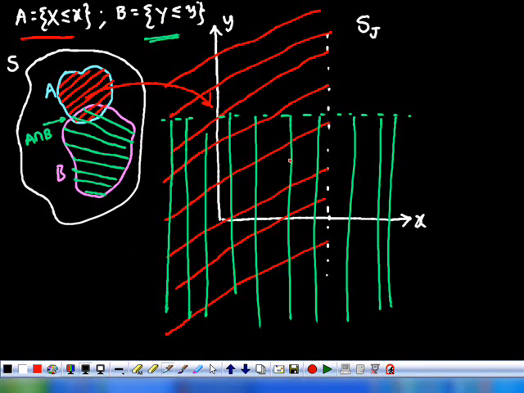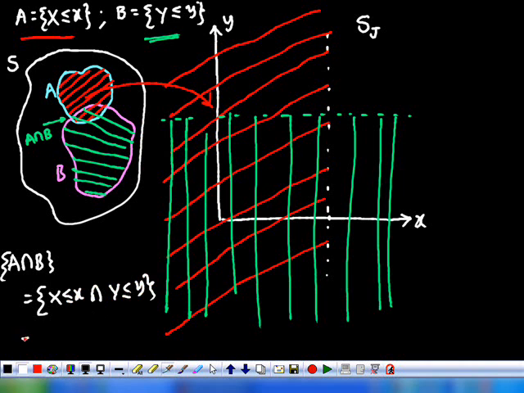That is, X less than or equivalent to x and Y less than or equivalent to y. So this event A intersection B is a joint event that can be written as X less than or equivalent to x intersection Y less than or equivalent to y.